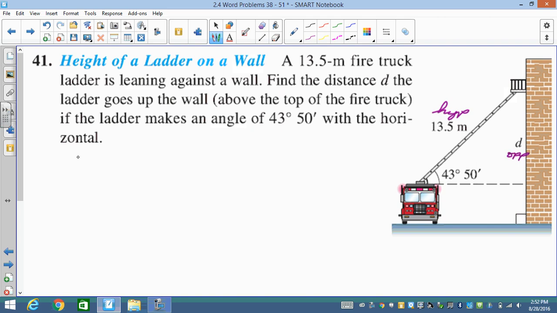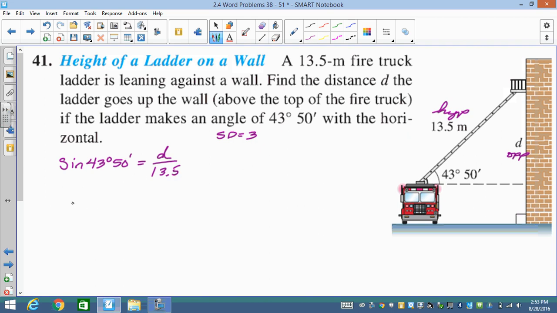So we're going to use sine. So sine of 43 degrees 50 minutes equals opposite, which is D, over the hypotenuse, which is 13.5. By the way, significant digits here would be 3.